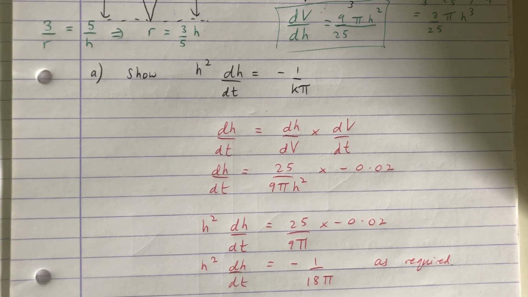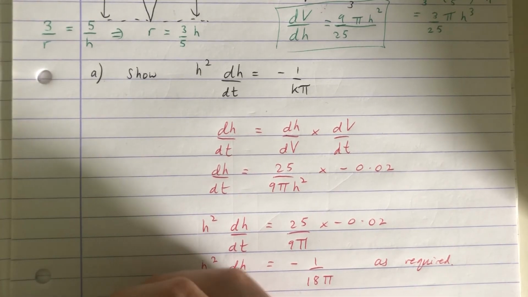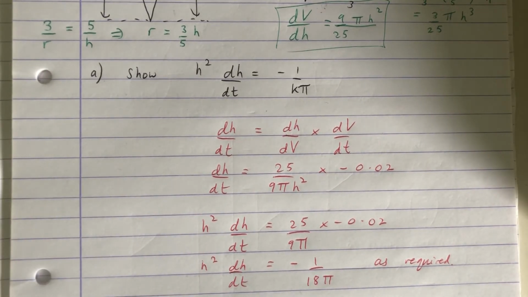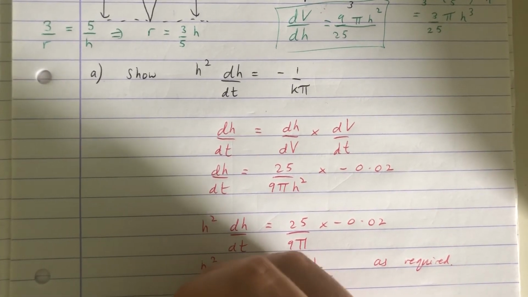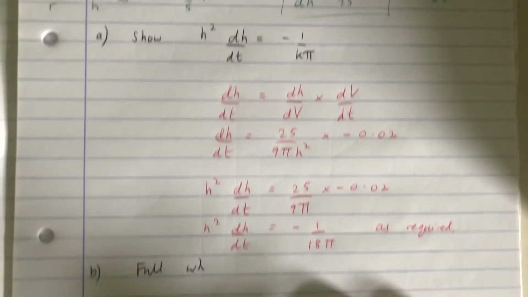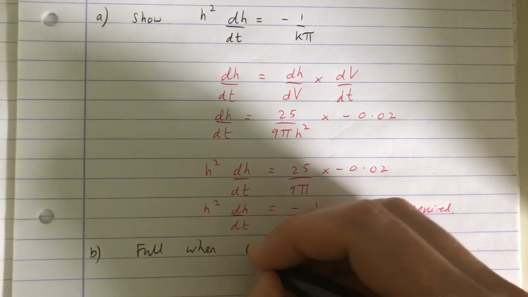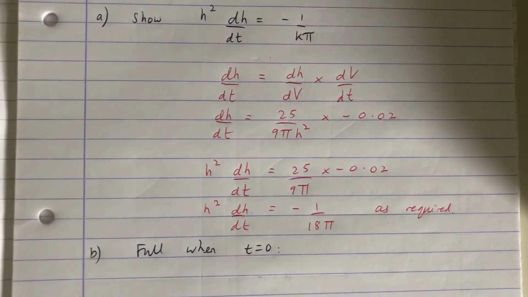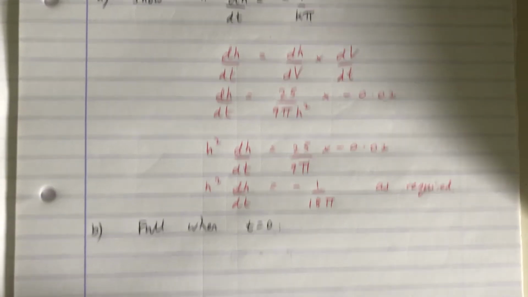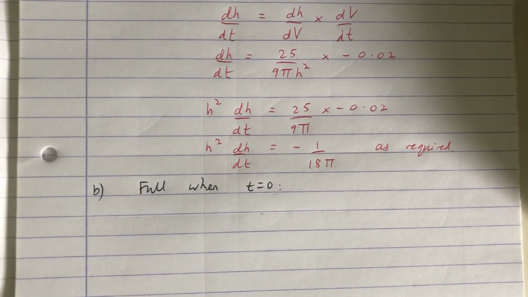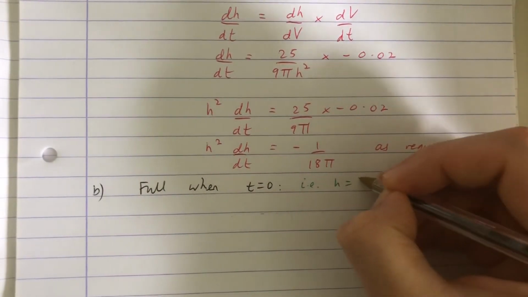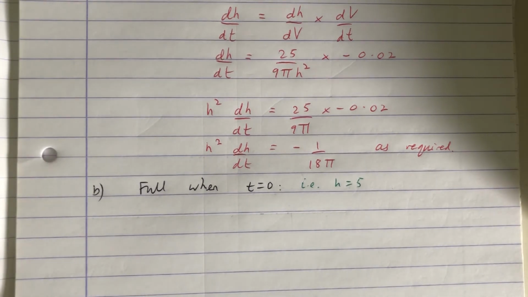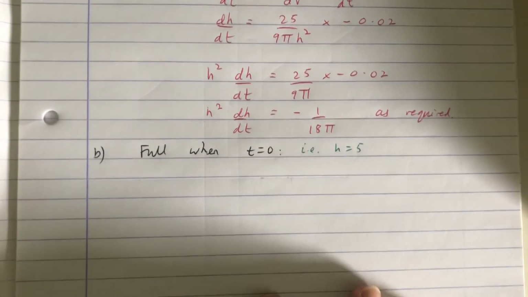They tell you that it's full when t is equal to 0. Now what would the height be when t is equal to 0? That height would be 5. So in other words, the height is equal to 5.